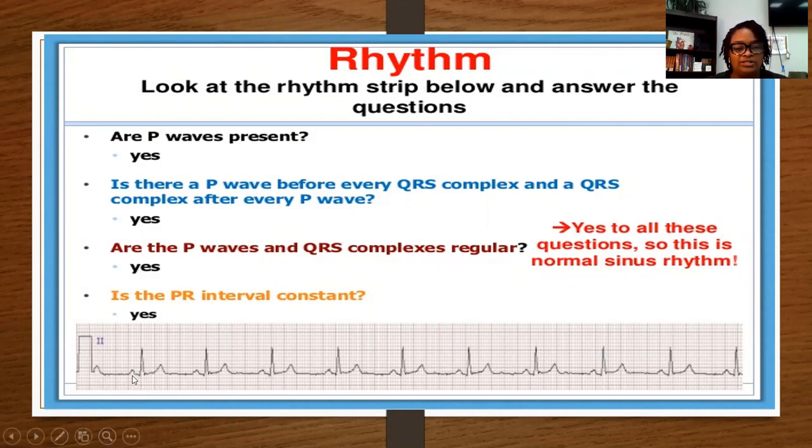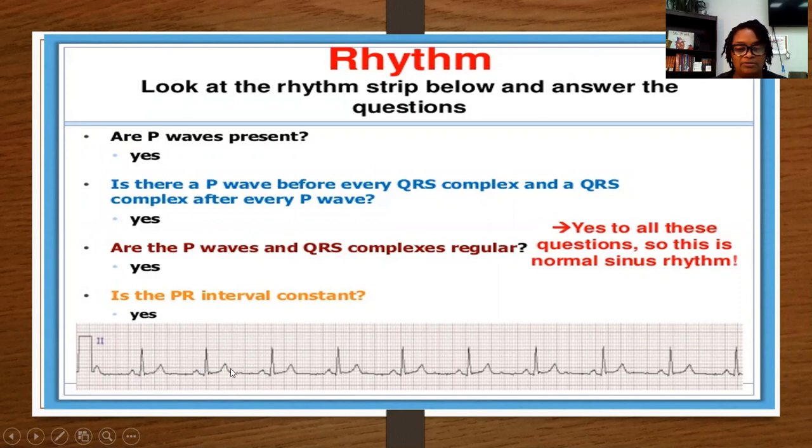So we're going to check to see if our P waves are present, and we see here. Okay, so our P waves are present. Now we're going to look for our QRS to see if there is a P wave before every QRS.